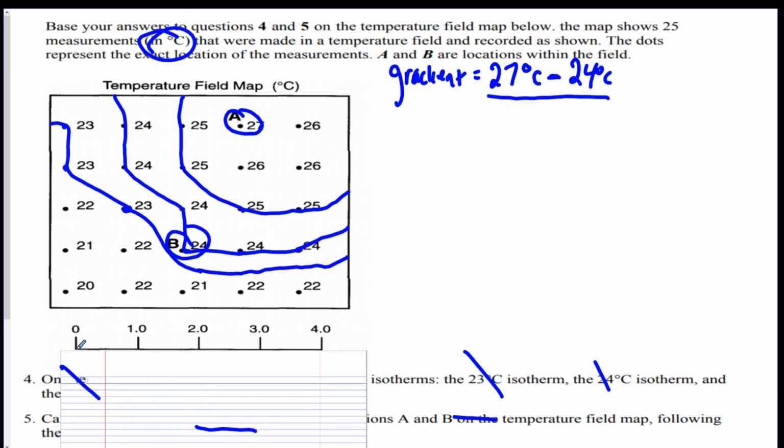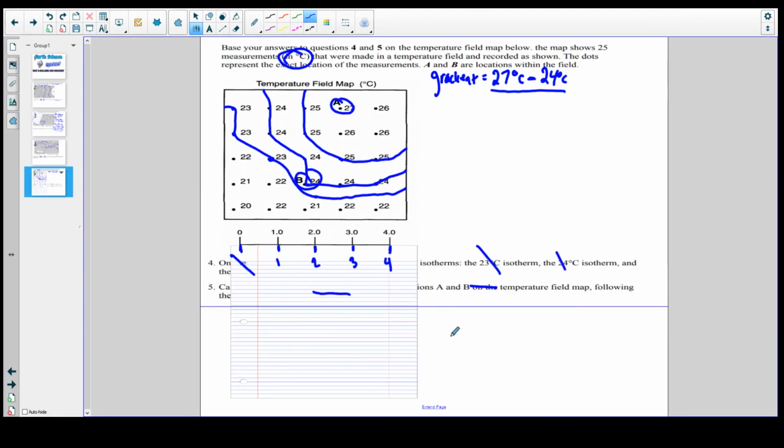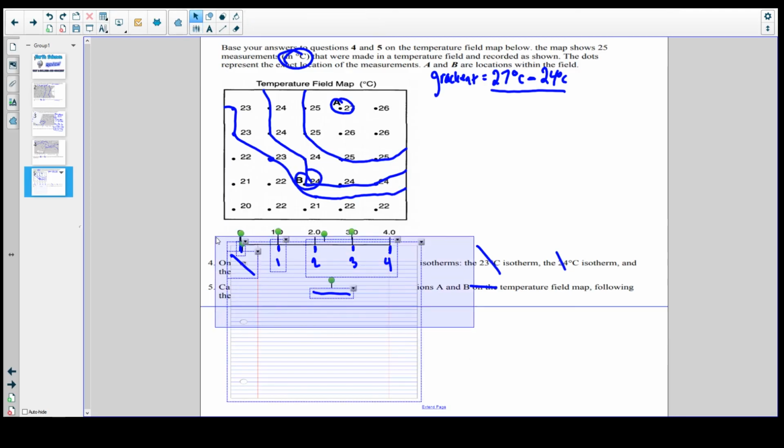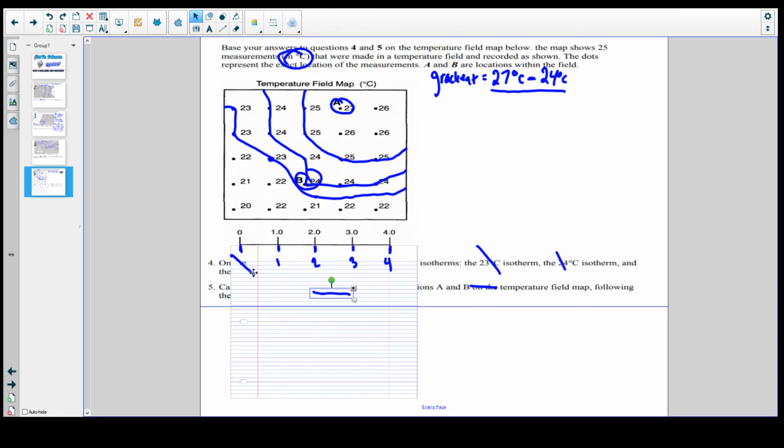So we got 0, 1, 2, 3, 4. Now I'm going to take that and group it up so I can move it. Except we don't want the stray marks. We just want our number line.